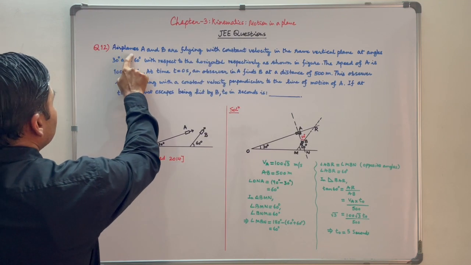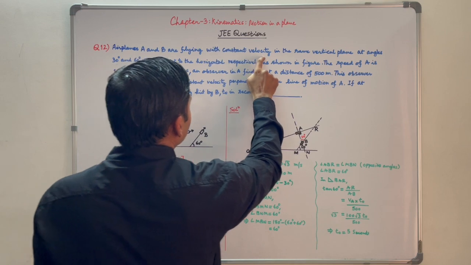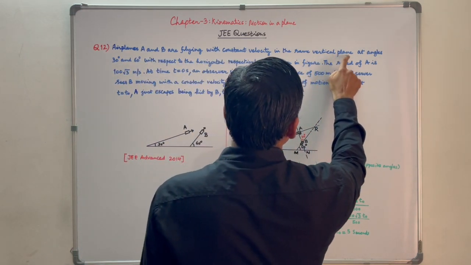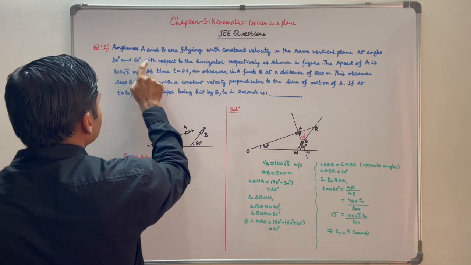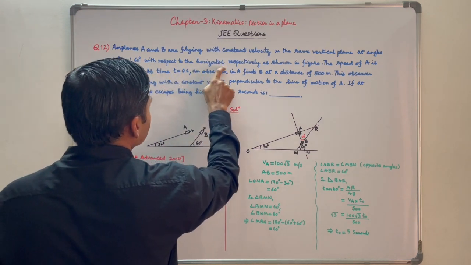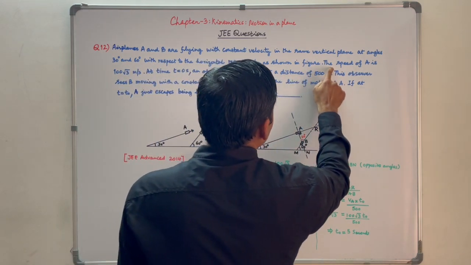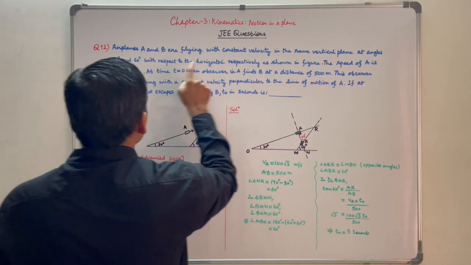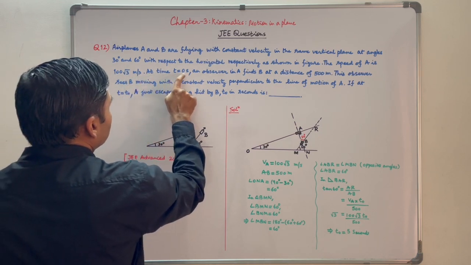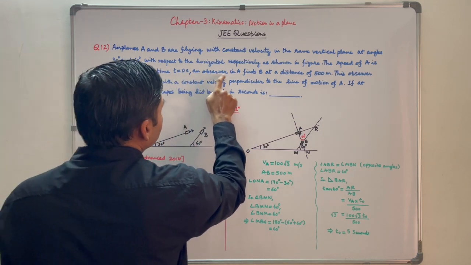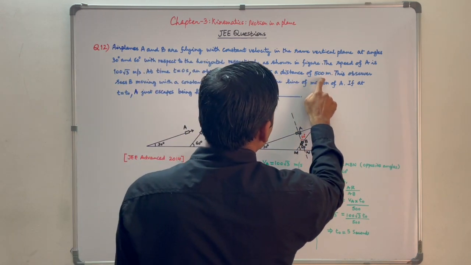Last question. Airplanes A and B are flying with constant velocity in the same vertical plane at angles 30 degree and 60 degree with respect to the horizontal respectively, as shown in the figure. The speed of A is 100 root 3 meter per second. At time t is equal to 0 second, an observer in A finds B at a distance of 500 meter.